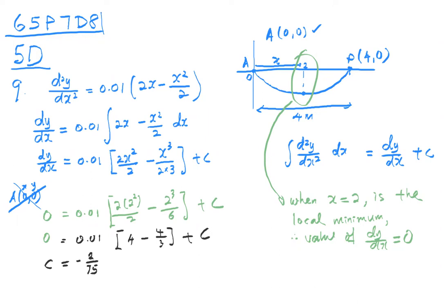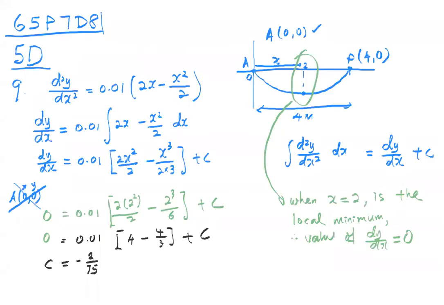So now I rewrite my equation. That is my dy/dx as 0.01 times x squared over 2... is it x squared only? Hold on.